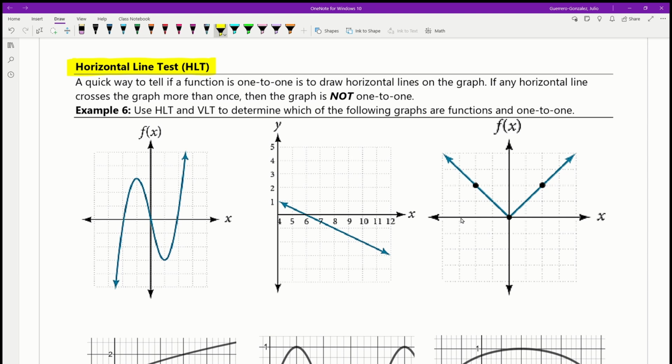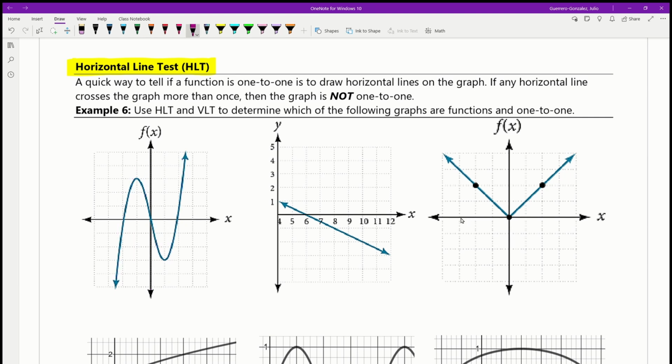Okay, the first one. Let me draw the purple lines here. First of all, I need to determine if it's a function. Any vertical line that I can draw, if it hits it once, we have a function. Every single vertical line I can draw here only touches my function once. So this is a function.